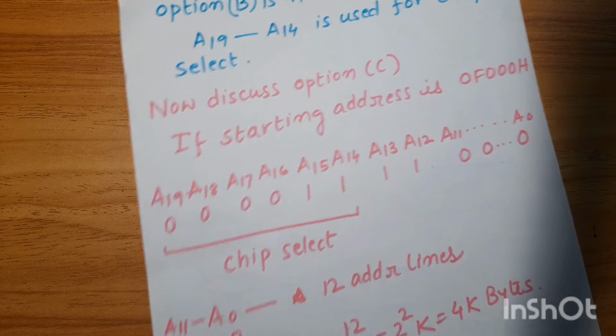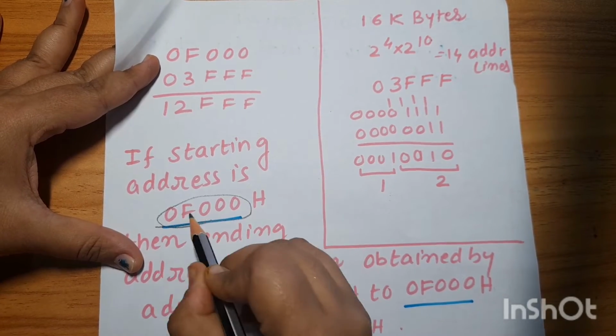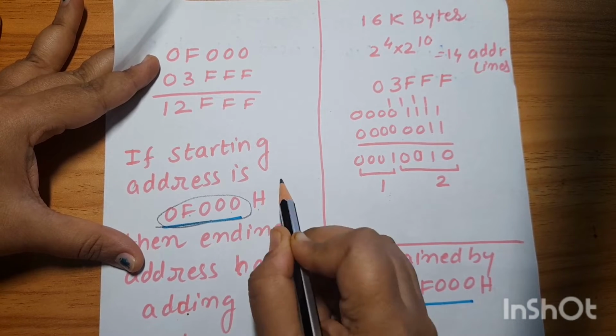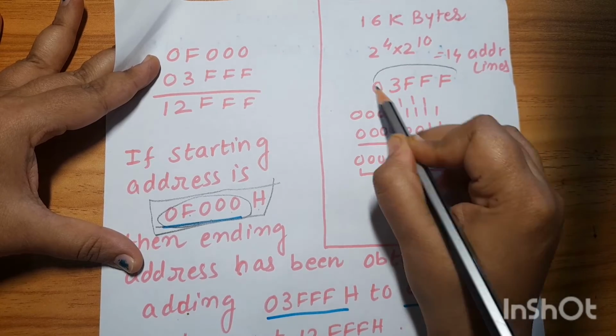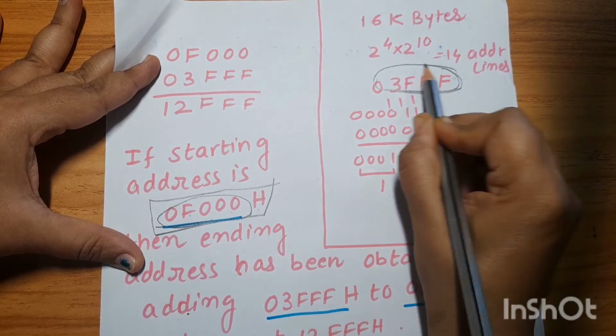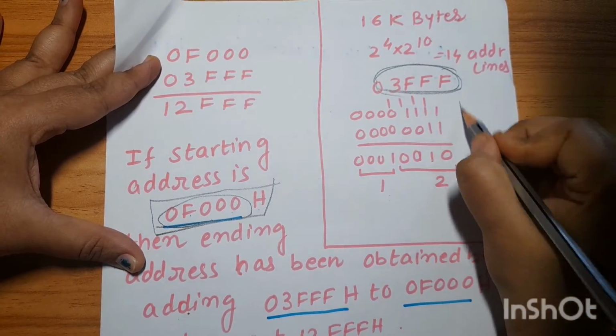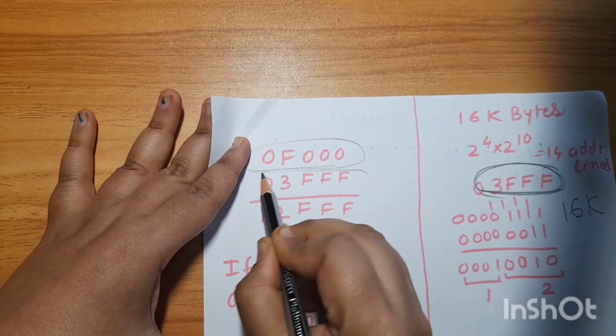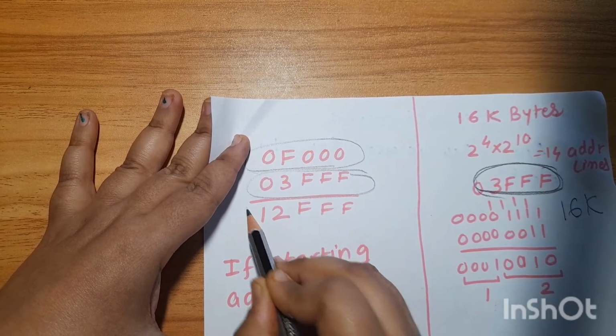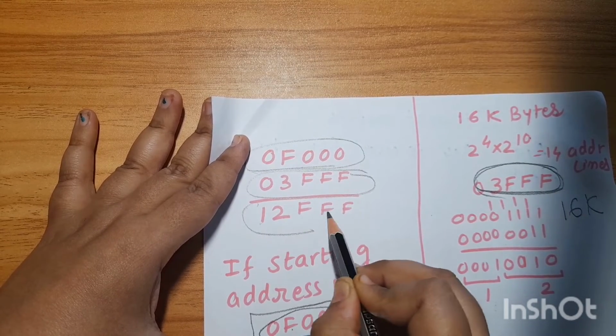Now, option C we will see. The starting address is 0F000H. In order to address 03FFF memory locations, this is for addressing 16 kilobytes of memory. So if this is the starting address and I add this much, what will I get? 12FFF.